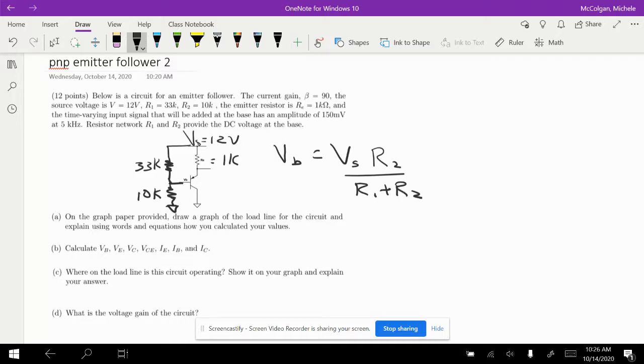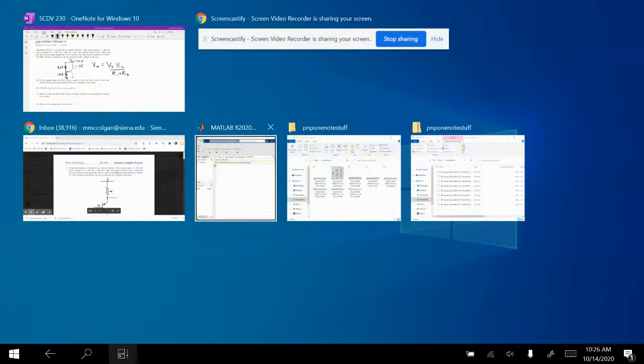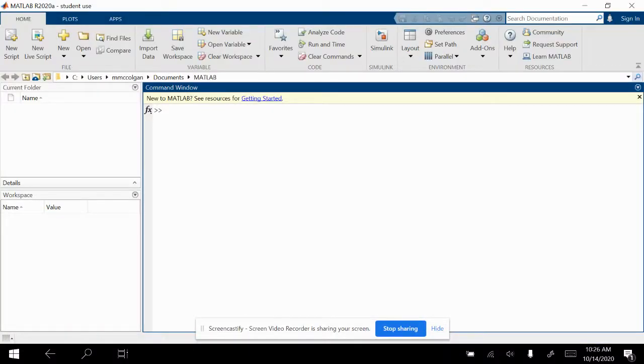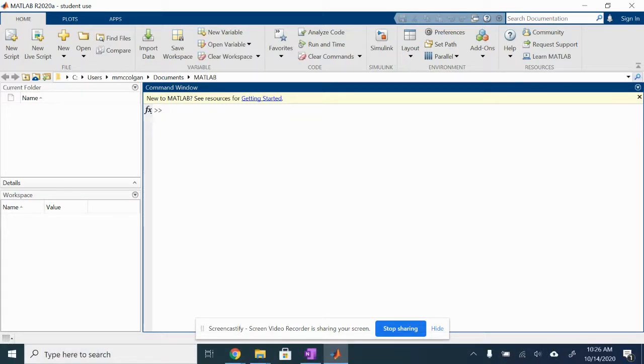And I'm going to use Matlab, just because I've been using Matlab quite a bit.